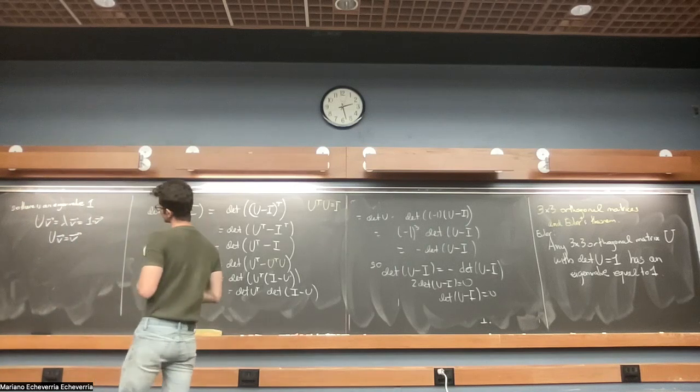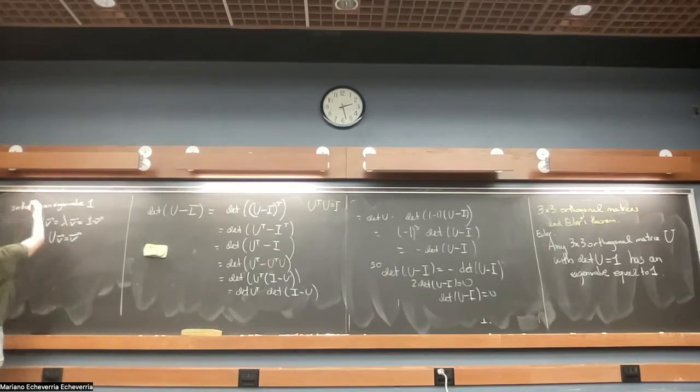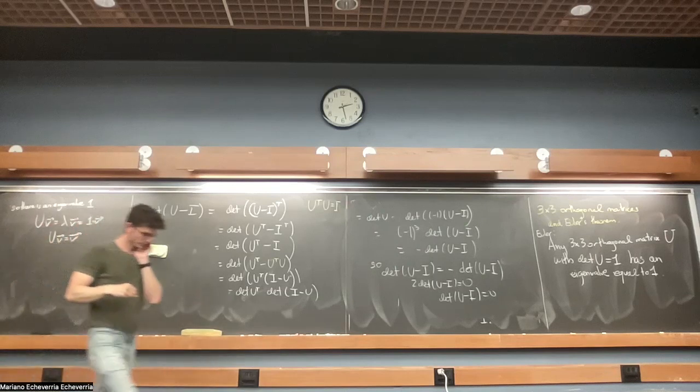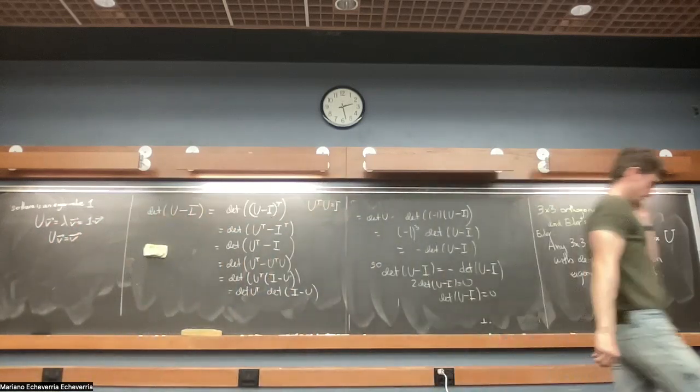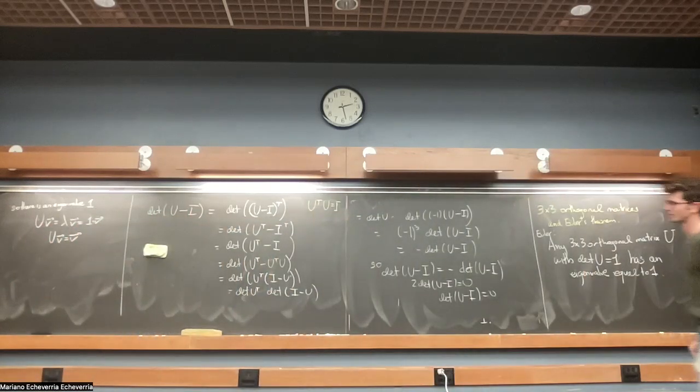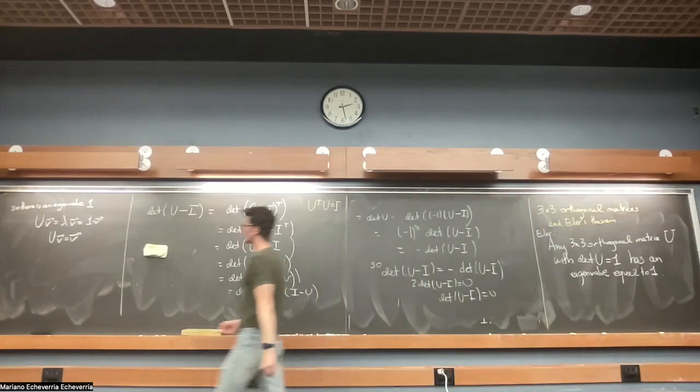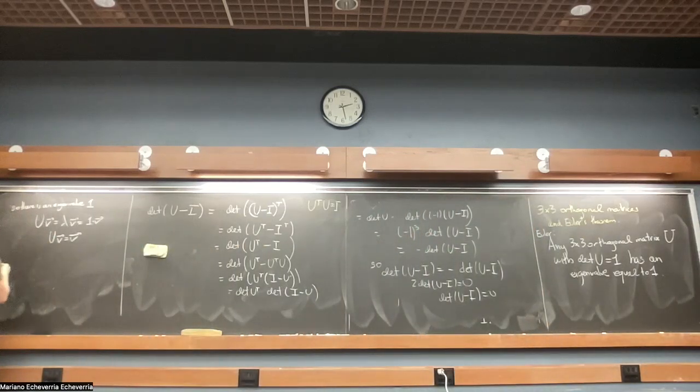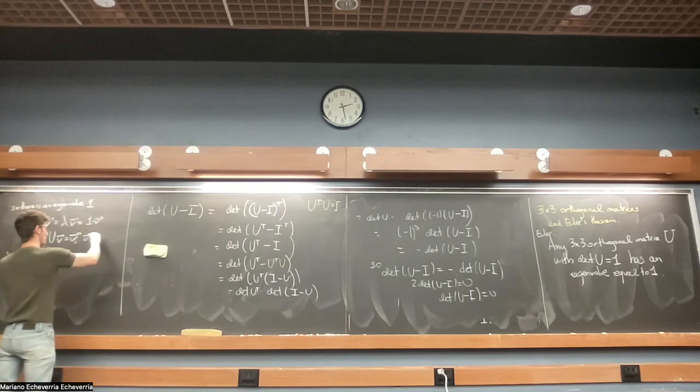Okay. So we call this eigenvalue one, and here v is the eigenvector to this eigenvalue.